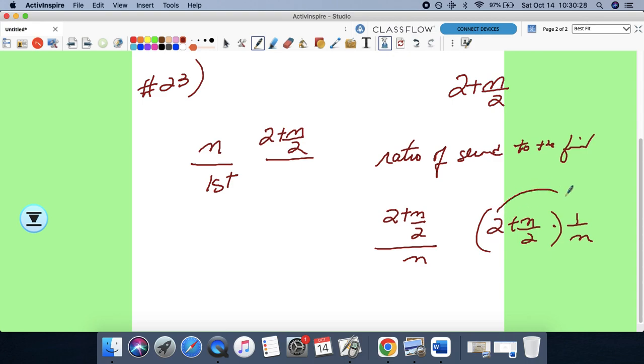And if I do this properly, I get 2 over n plus n over 2n, which I can simplify, and this actually becomes 2 over n plus a half.